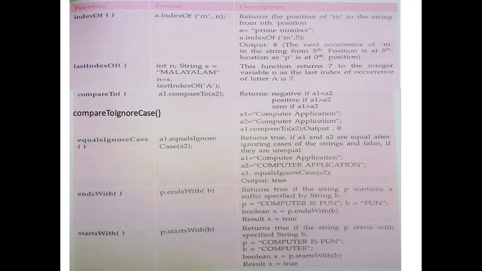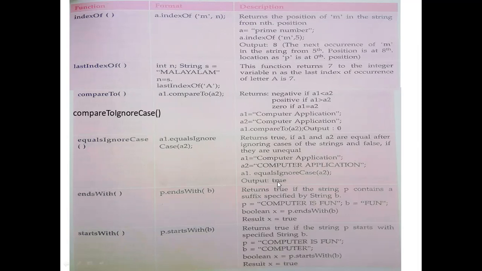Okay, sir. And see, in equalsIgnoreCase, the first word is in small letters, Ignore, I is a capital letter, Case, C is a capital letter. So I and C are capital letters. Right, ma'am? Yes, sir. So it gives a true answer. Is it okay? Yes, sir. Okay, sir.